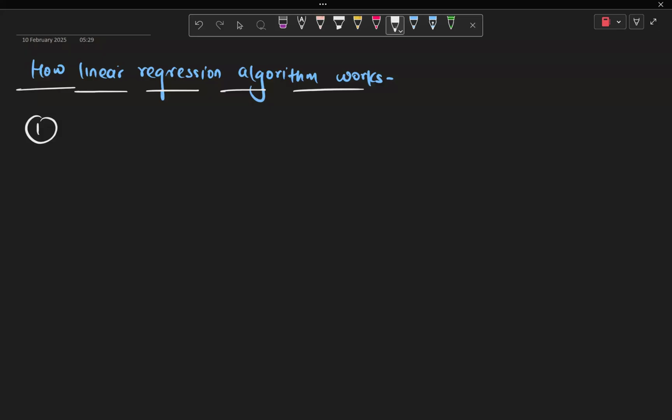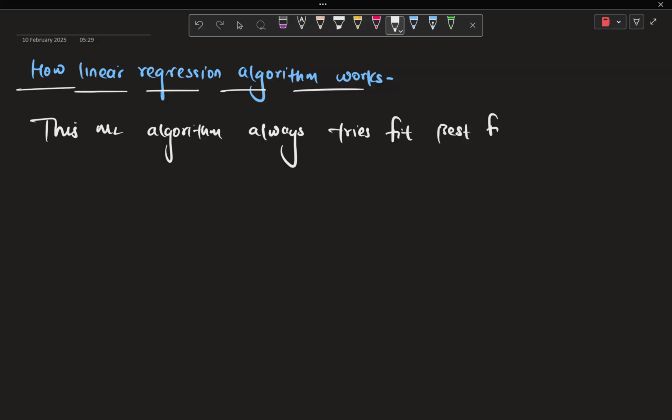The first thing is, this machine learning algorithm always tries to fit a best fit line.